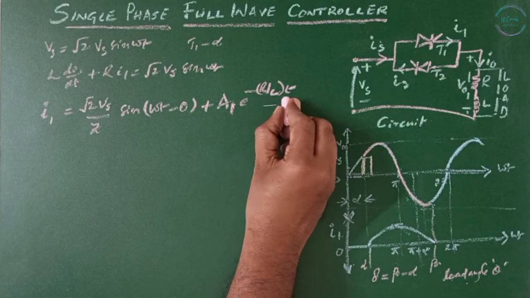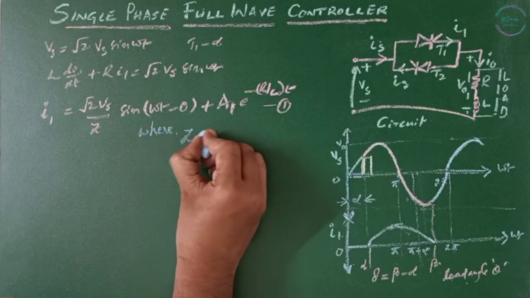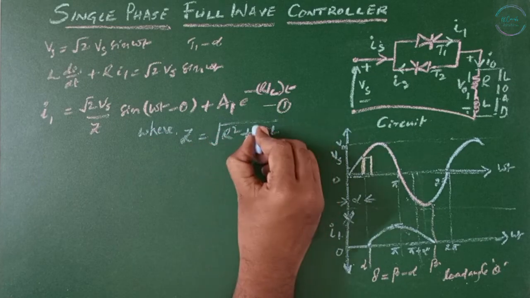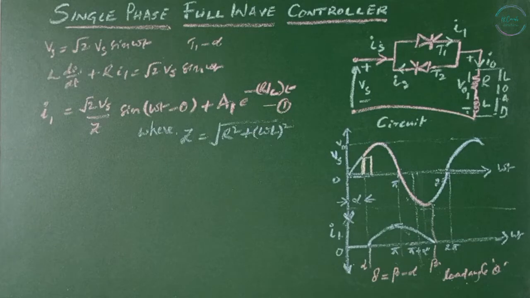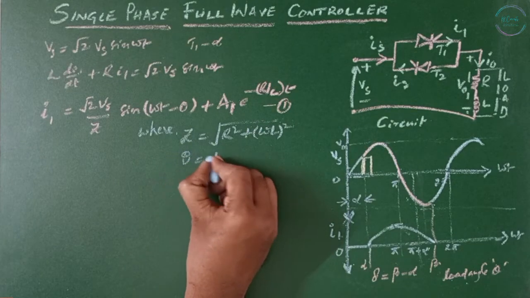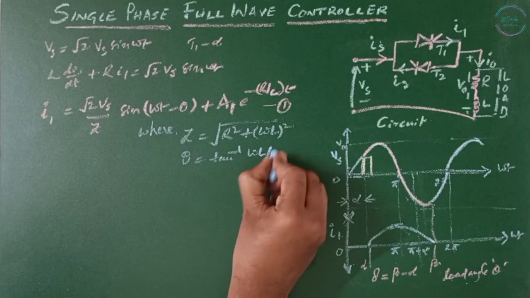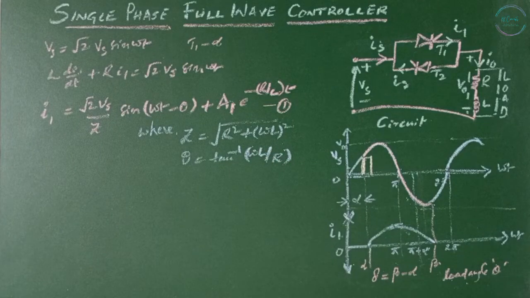This is equation number 1, where Z equals the square root of R square plus omega L square, and the load angle theta is given by tan inverse of omega L by R. The conduction angle delta of thyristor T1 depends upon alpha as well as theta.